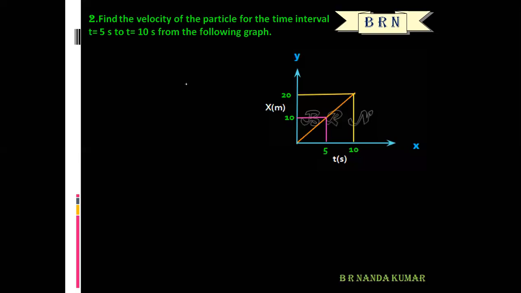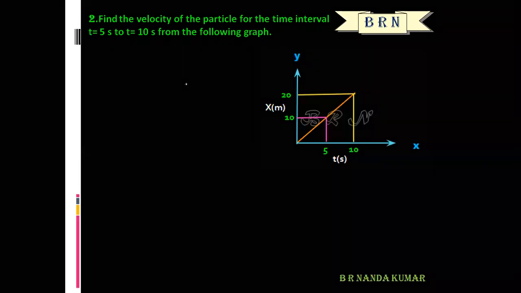Okay, now look at this graph. Let us consider this point as A and this point as B. A and B are two points on a straight line.